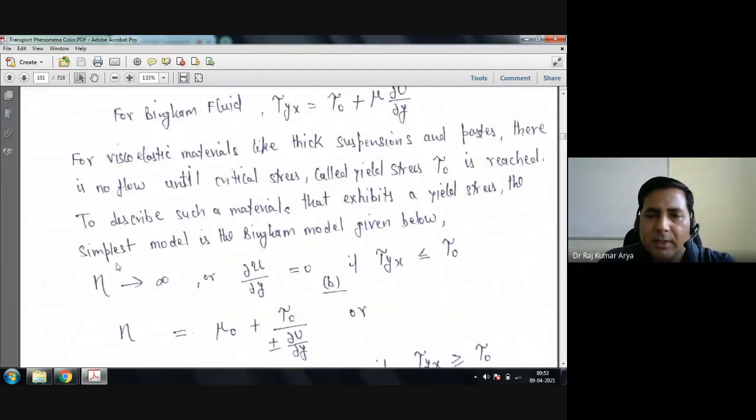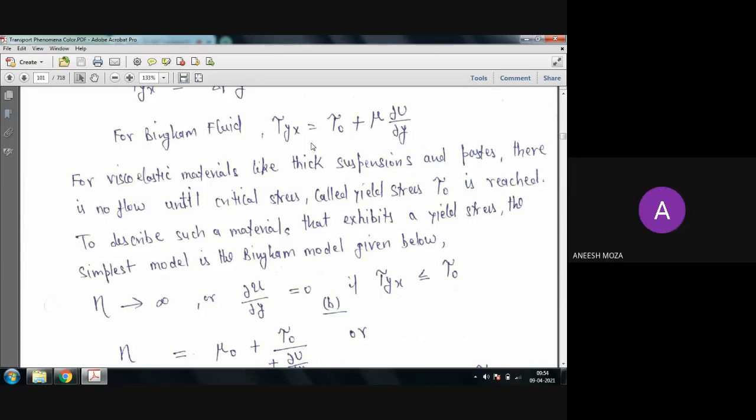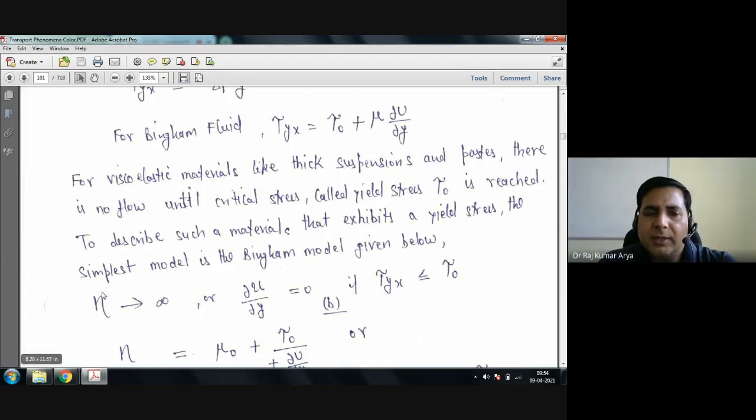As I mentioned here, if this value is less than this value, it won't flow, which means it will behave just like a solid, and for a solid you can treat the viscosity as infinity. Correct or not? Yes, sir. So here we wrote that eta is called apparent viscosity.